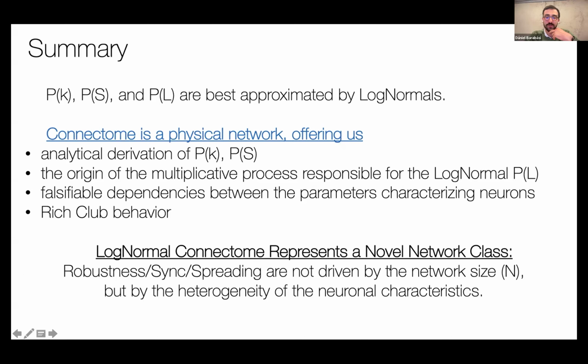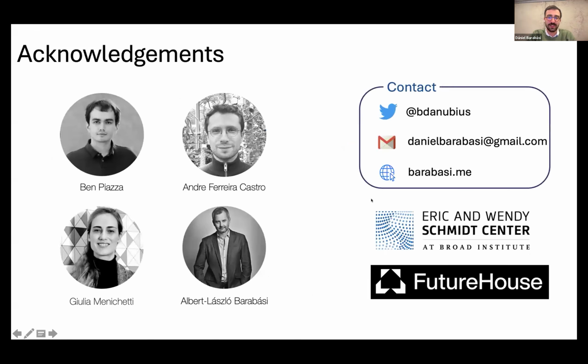And so overall, the log-normal connectome presents a novel network class where there's a lot of homework for network scientists to start looking at this network and understanding its properties. And it also leads to interesting things that have been studied by Buzsáki and others related to the computational properties of log-normal connectivity and log-normal activations within the system that need further characterization from a neuroscience standpoint.